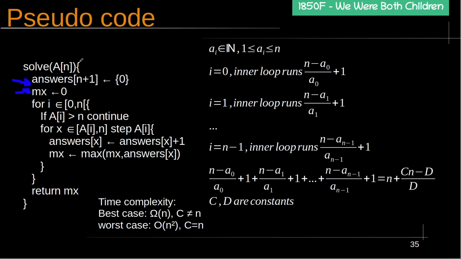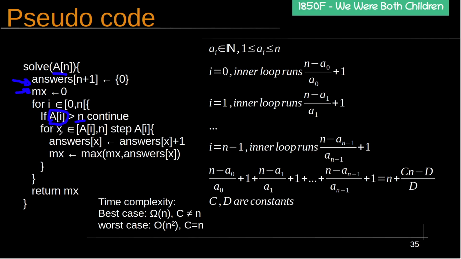Then we run over this array, as we have seen in the previous slide. We run over the array of hops. If the hop at that position is greater than n, we do nothing, just continue to the next frog.